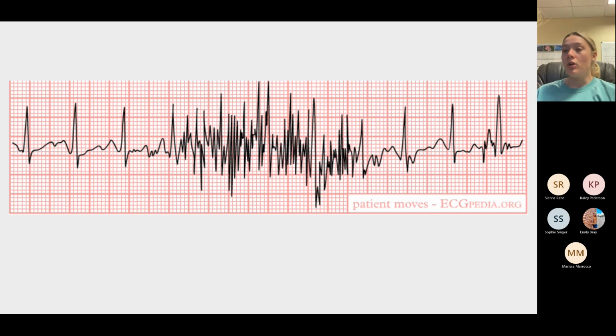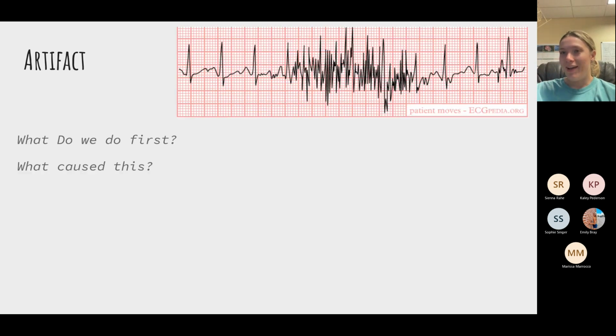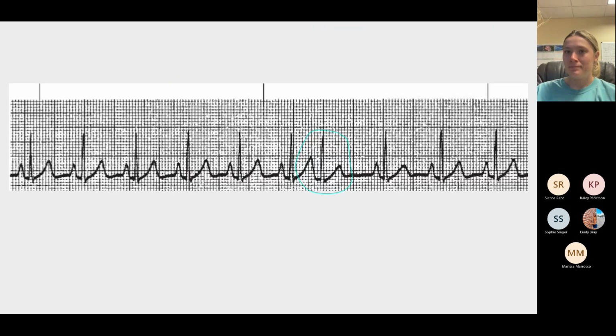Yep, we're going to check their leads, we're going to knock on the door. Mr. Smith, are you okay? Just in case, okay? Usually what causes this, the patient's probably moving about the cabin or putting on some comfy clothes or something like that.